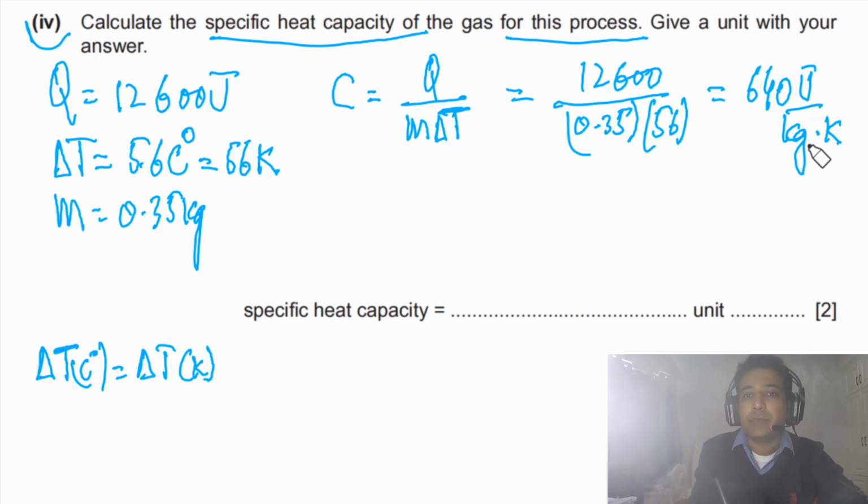This is a better way to write it. But you can also use degrees Celsius because a change in temperature in degrees Celsius is equal to a change in Kelvins, but it's better to write Kelvin. So our final answer is 640 and the unit is joules per kg per Kelvin. So this is how you need to answer.